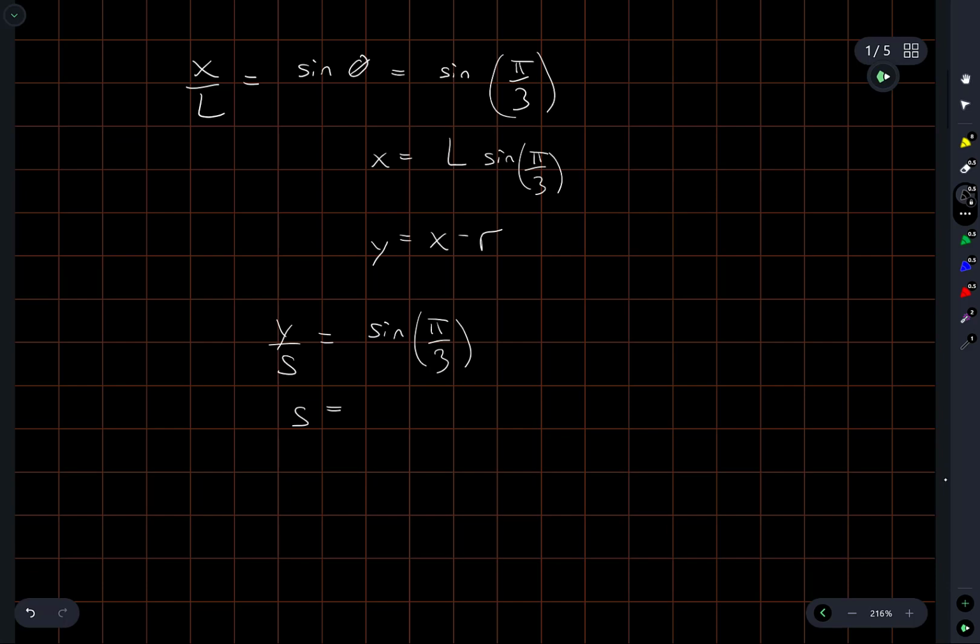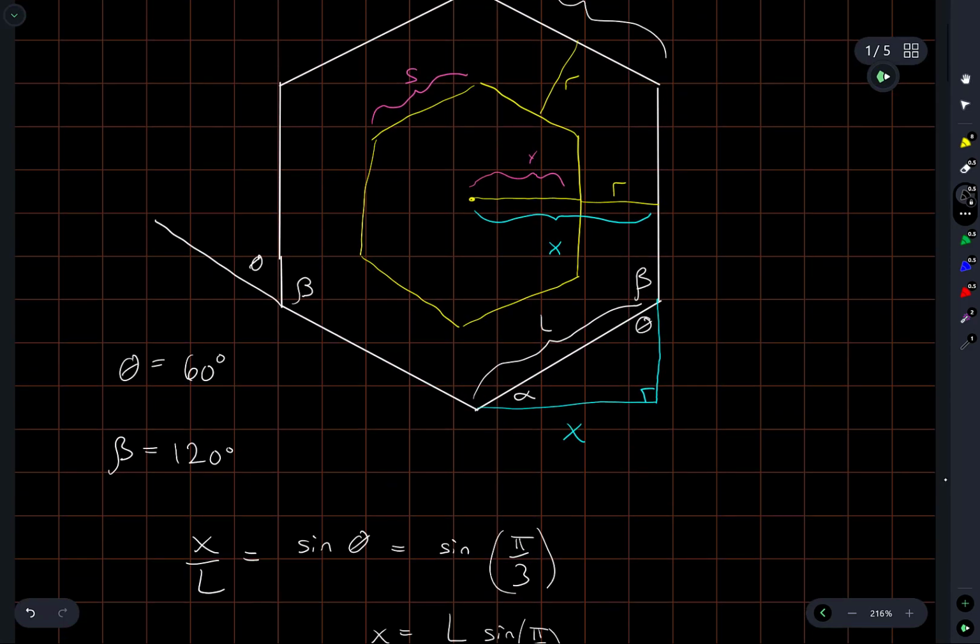So S is equal to y over sine pi over 3. Okay. And the inner hexagon is created from 6 equilateral triangles of side length S. And this perpendicular that I've dropped there is also of length y. So what is the area of one of these equilateral triangles?